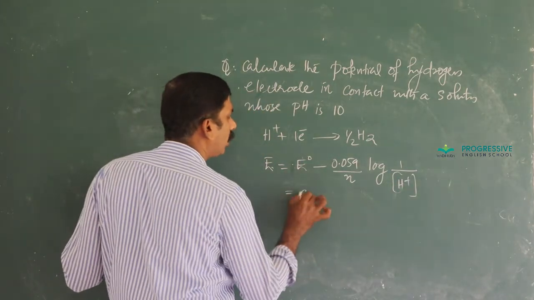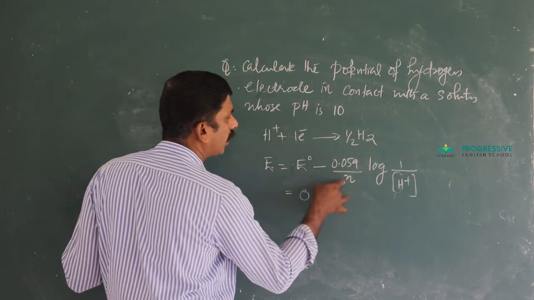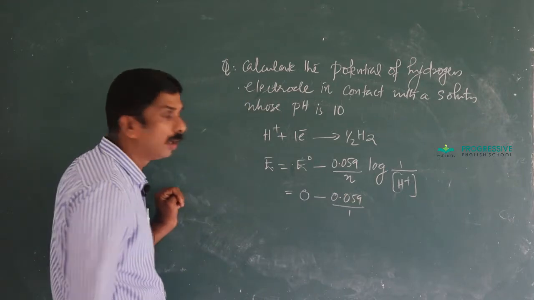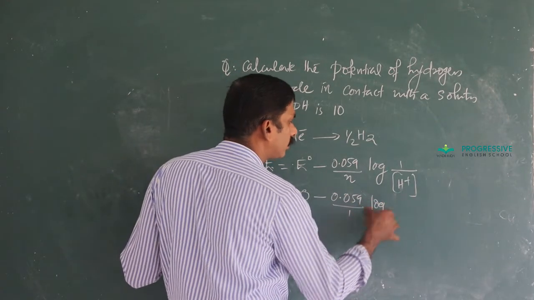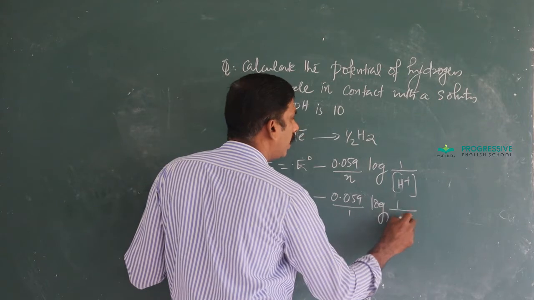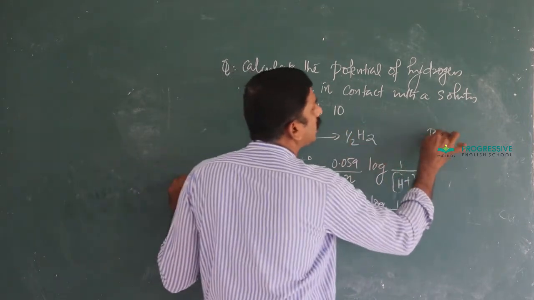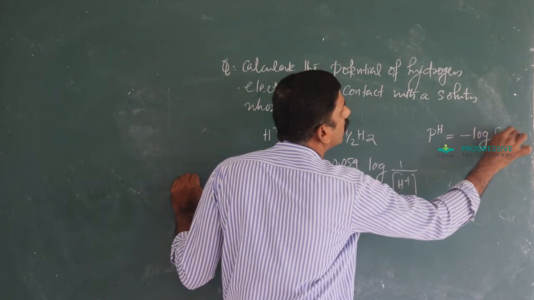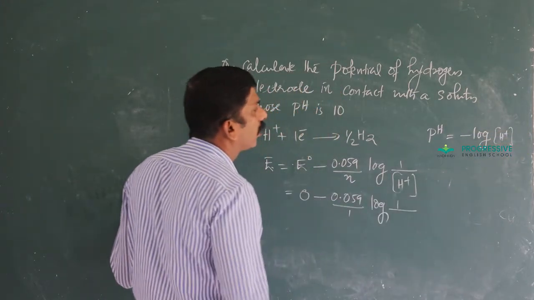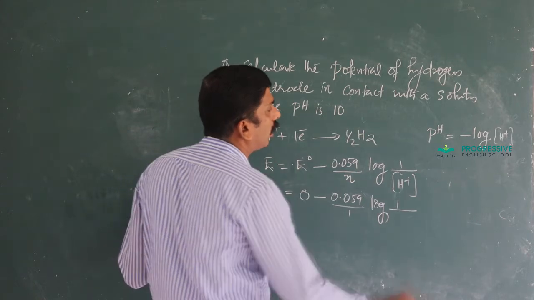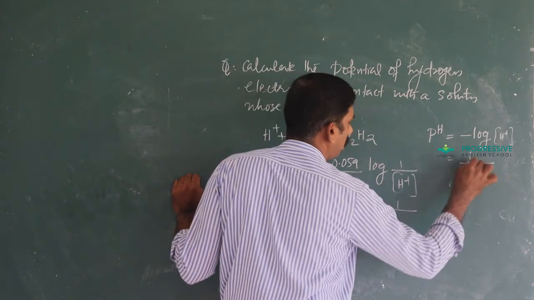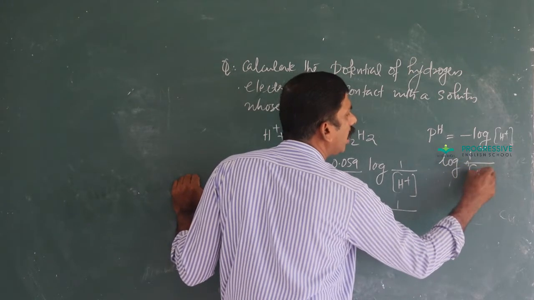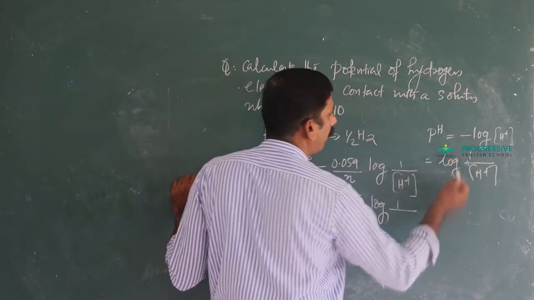As you know, the E0 value equals 0. Here the number of electrons involved equals 1. 0.059 divided by 1 log 1 divided by, the pH of a solution equals negative log H+, or log 1 by H+ equals pH.